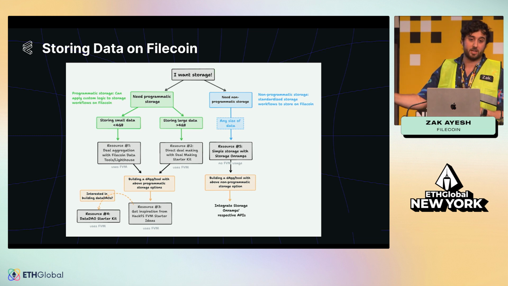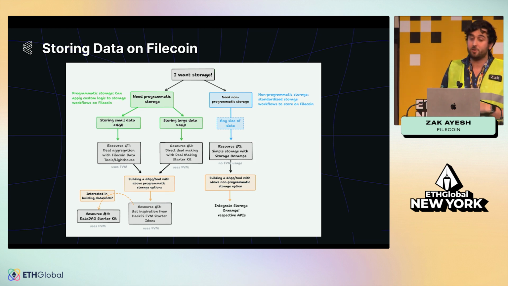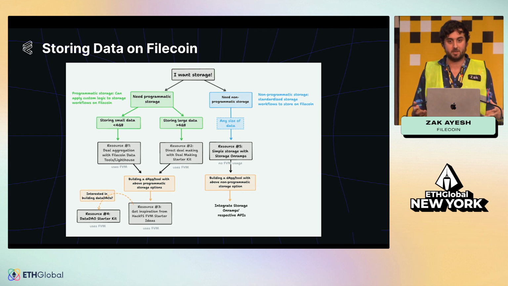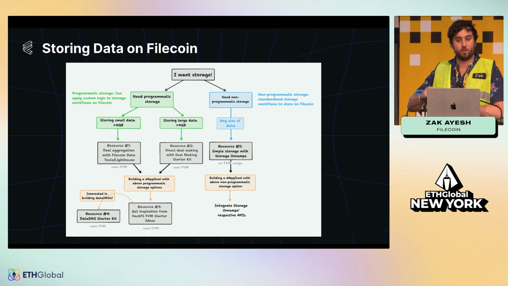If you have the small data, and for many people building in this hackathon, you'll probably be working with smaller data sets, we recommend you use an aggregator, basically a third party that will take your data, pin it on IPFS, and work on making a storage deal for you on Filecoin. All the complexity is abstracted away, super easy, super quick.